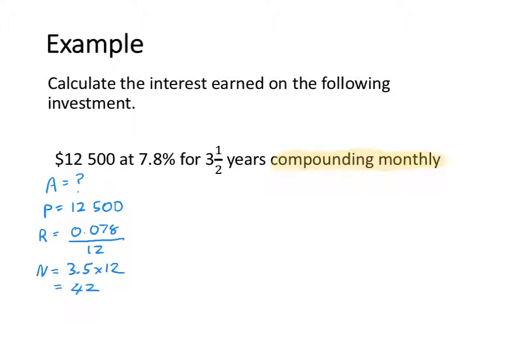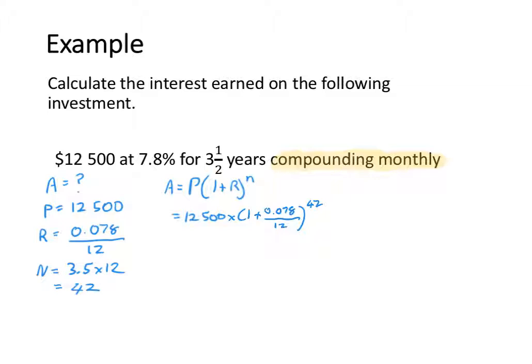So now that I've gone ahead and defined my values, I can write the formula and calculate the total amount I'm going to have in 3.5 years' time. So that amount is going to equal P, and then in brackets 1 plus R to the power of N. So 12,500 times 1 plus 0.078 divided by 12, and then to the power of 42.